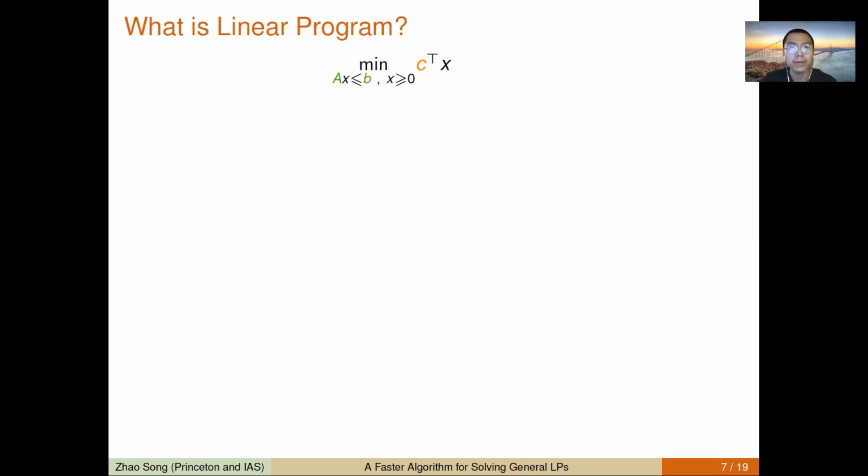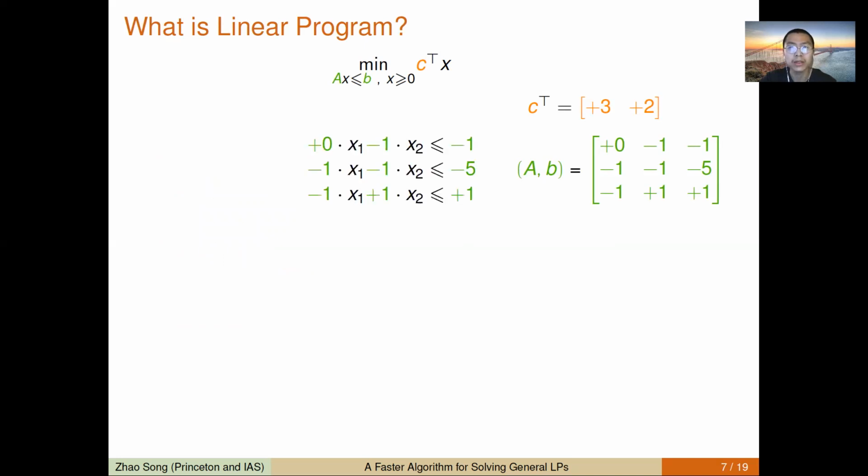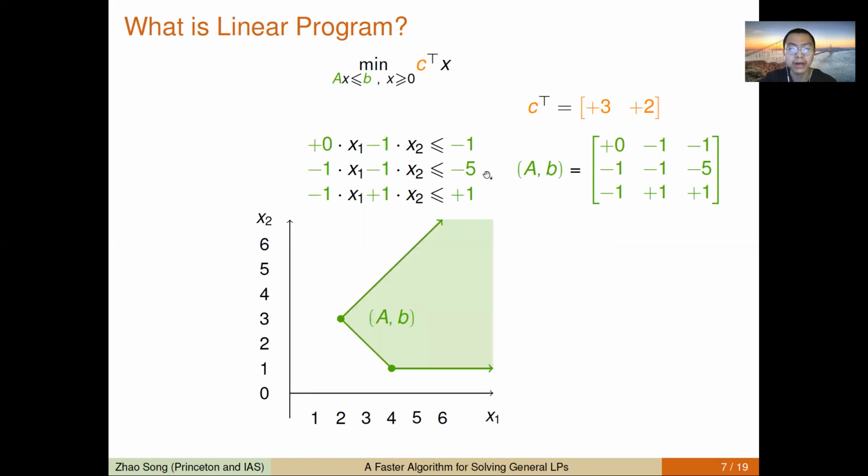What is a linear program? Usually, a linear program can be defined as follows. You are given two vectors and one matrix. You can turn your green matrix into linear constraints, and these green linear constraints correspond to a convex region in 2 dimensions.